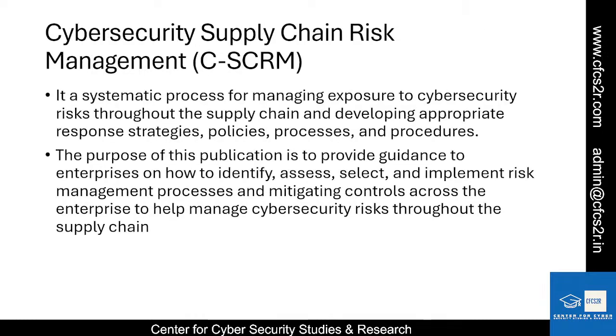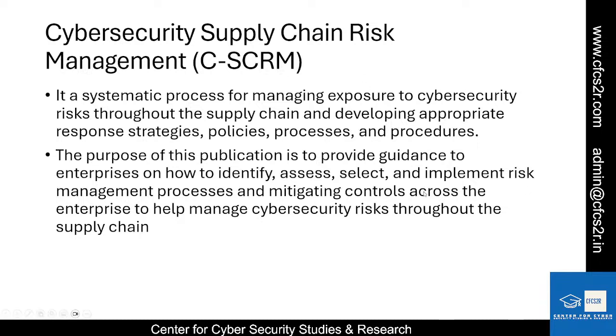So C-SCRM, cybersecurity supply chain risk management, is a systematic process for managing exposure to cybersecurity risk throughout the supply chain and developing appropriate response strategies, policies, and procedures. The purpose of this particular publication, NIST SP 800-161, is to provide guidance to enterprises on how to identify, assess, select, and implement risk management processes.